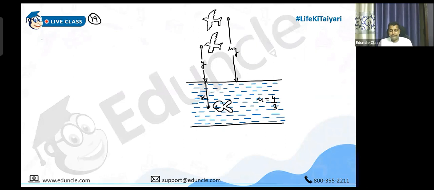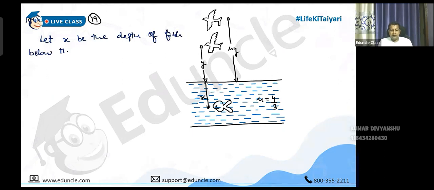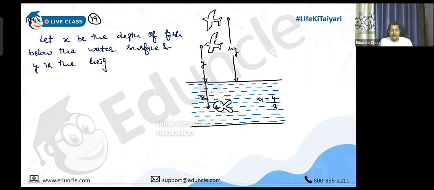So let x be the depth of fish below the water surface, and y is the height of the bird above the surface, at some instant, because they are changing. Fish is diving and the bird is also diving.